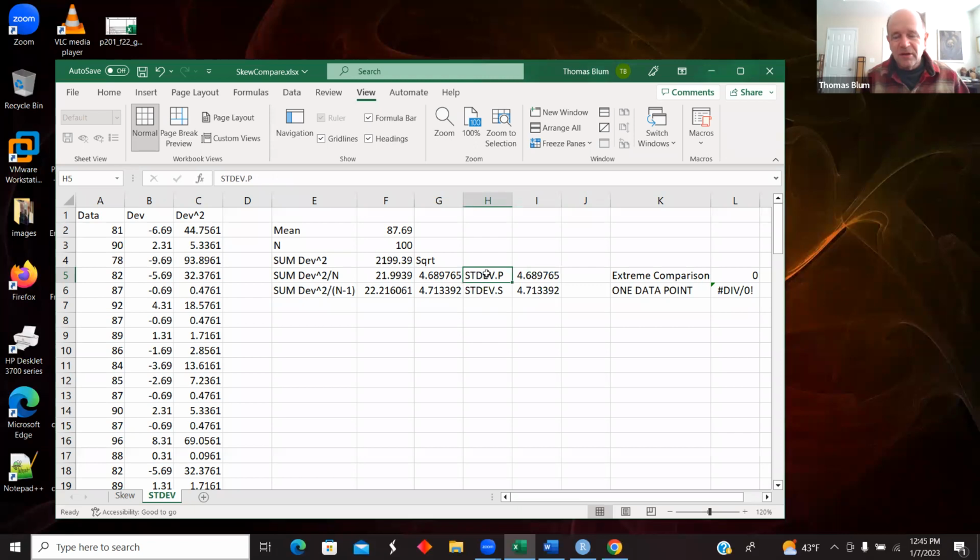This is my explanation. The population imagines that this data is definitively the whole data set, and so we deal with it as it is: take the average of the squared deviations and divide by n. Whereas the sample imagines that this data is a subset of all the possible data, so we have to imagine that more data would be coming.